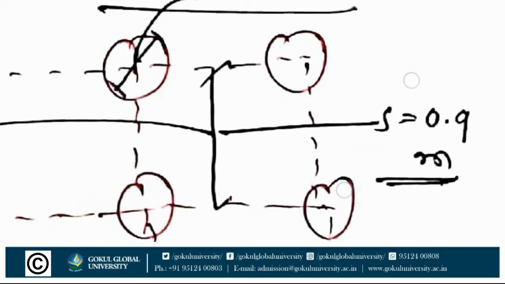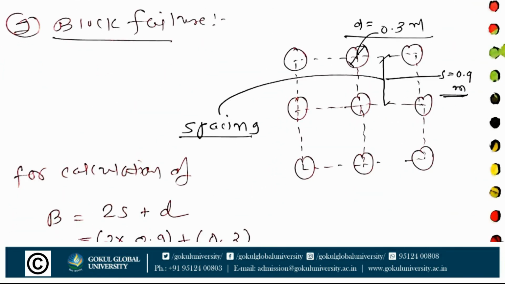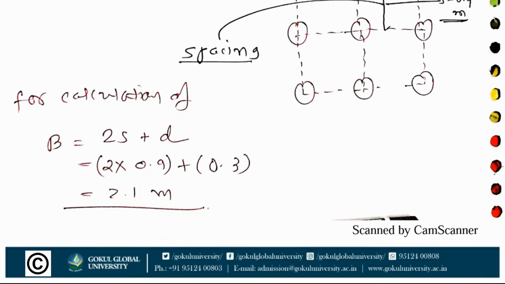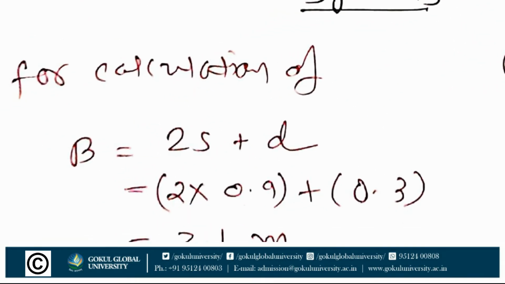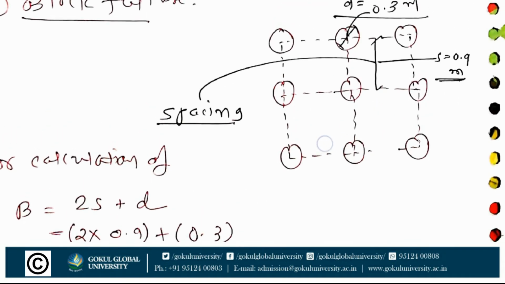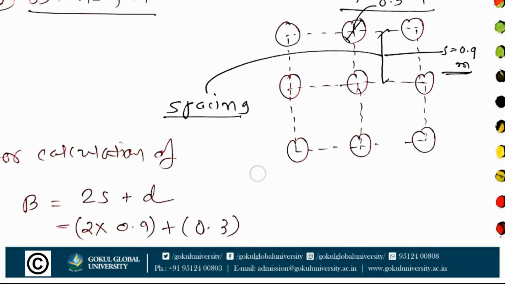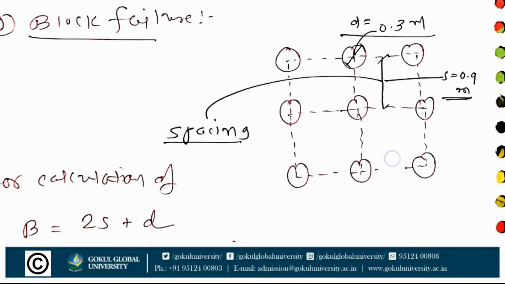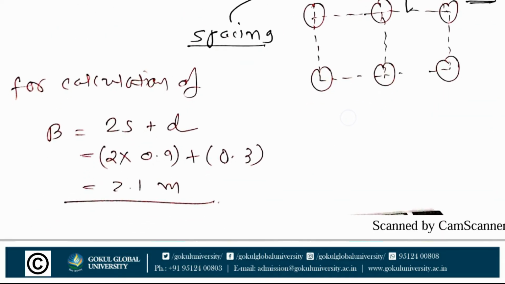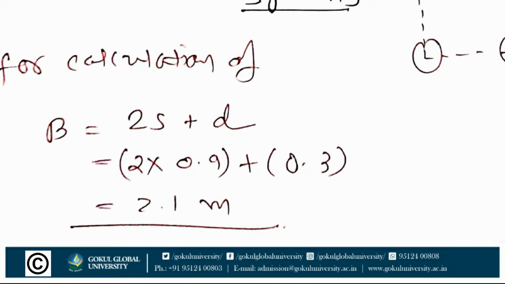The equation for B is 2S plus D. Here S is the center to center spacing, 0.9 meter, and D is the diameter, already given as 0.3 meter. So B is equal to 2 into 0.9 plus 0.3, which is equal to 2.1 meter.